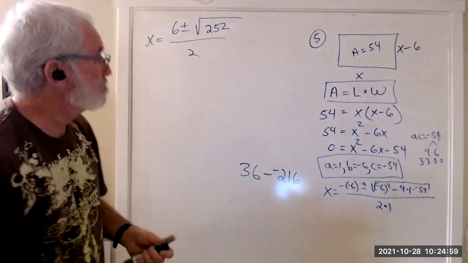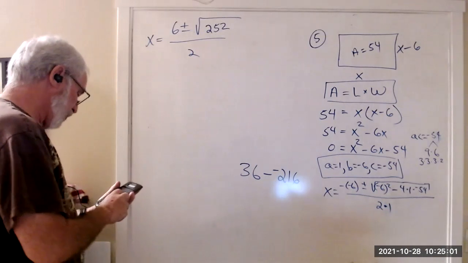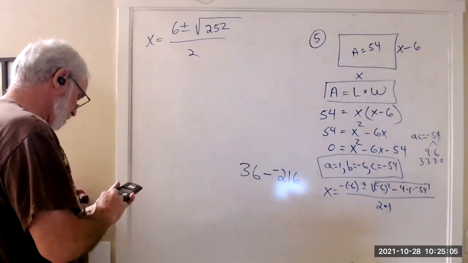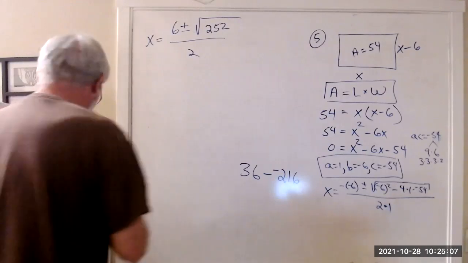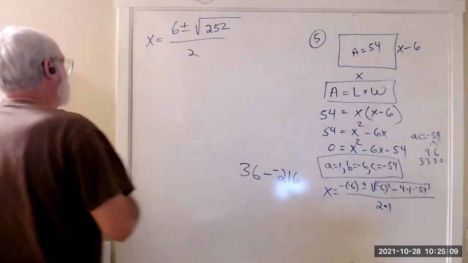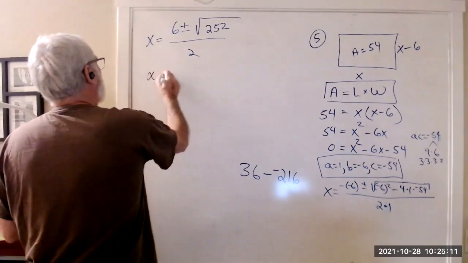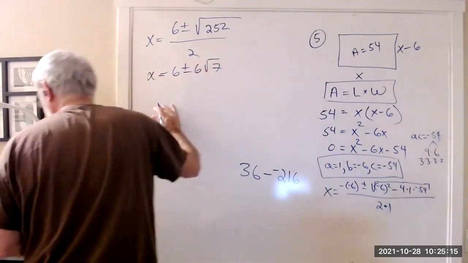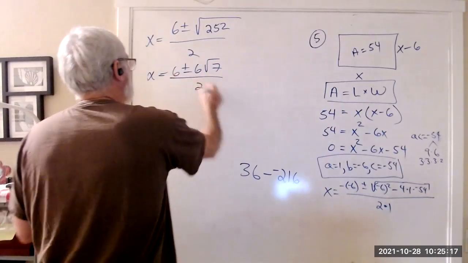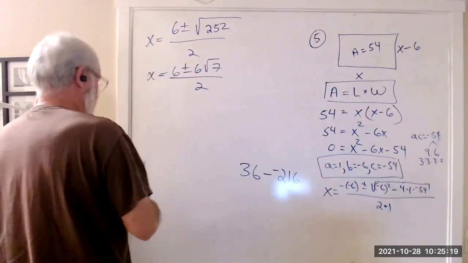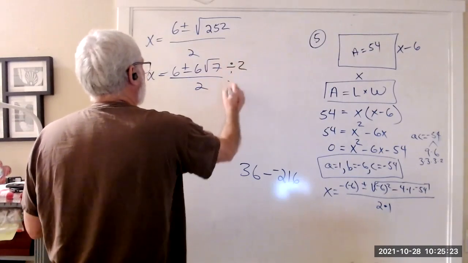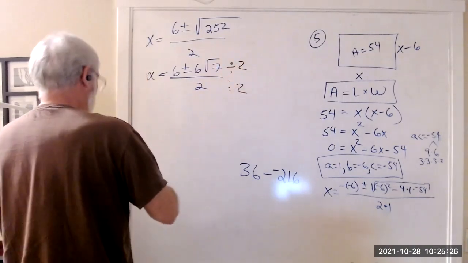Now what's the square root of 252? Okay, 6 root 7. So X is 6 plus or minus 6 radical 7 over 2. We can divide top and bottom by 2.